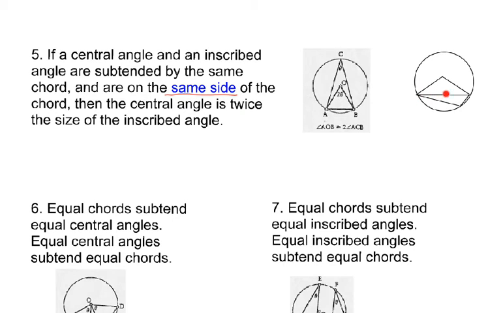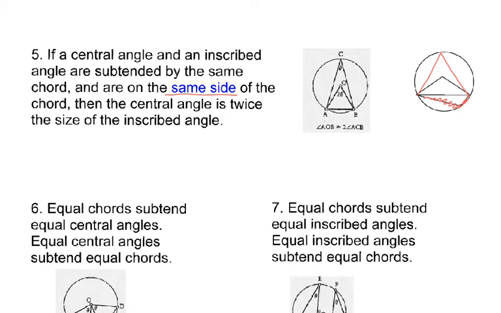Now if I look at this circle here, these two angles aren't on the same side of this line. Basically, they have to be on this side here. So if I wanted this corollary to work, I would have to have another triangle on this side, and I would have to find a way to get rid of this.